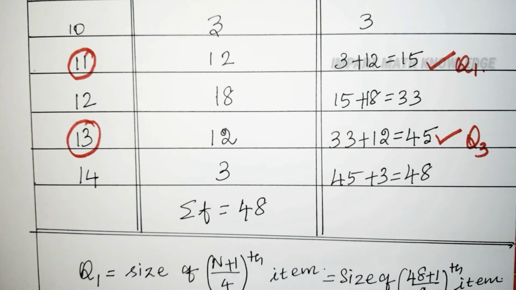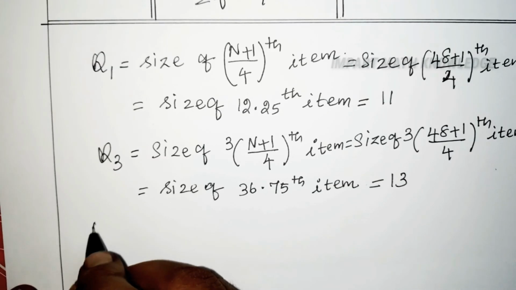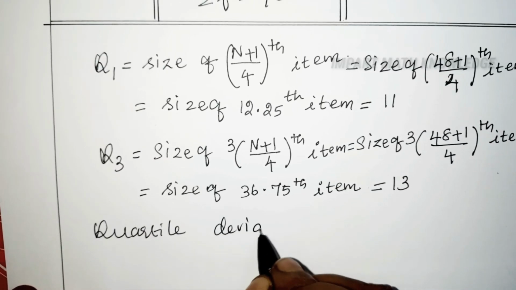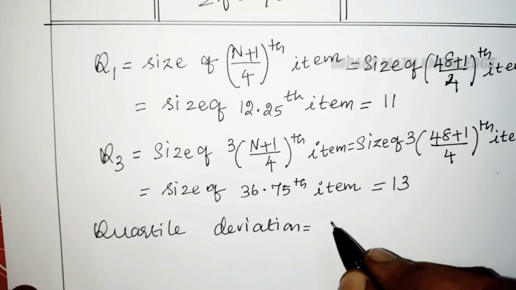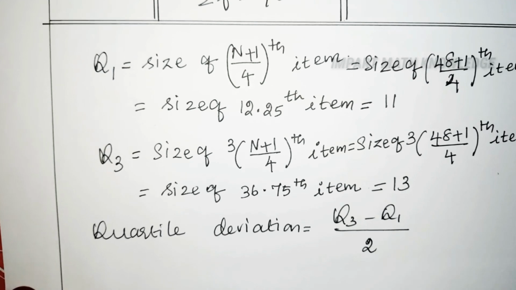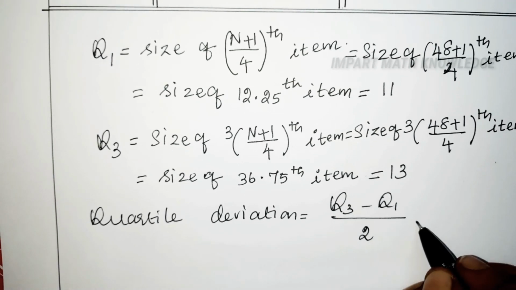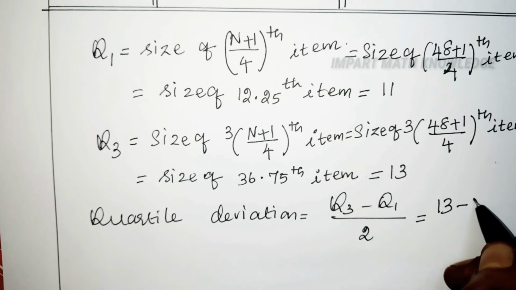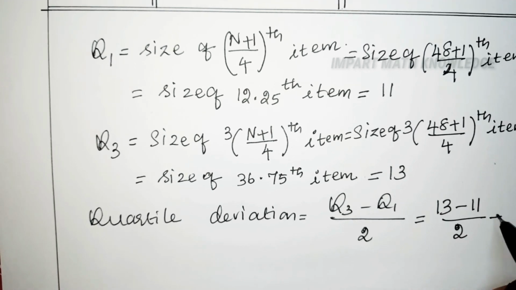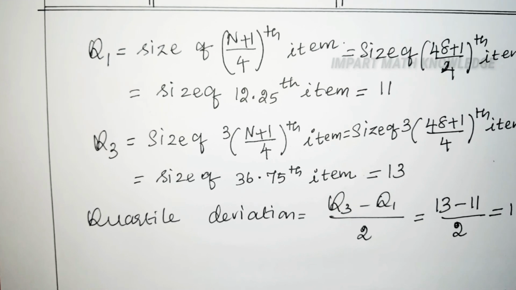Now we have to find the quartile deviation and its coefficient. Quartile deviation is Q3 minus Q1 divided by 2. Q3 is 13 and Q1 is 11, divided by 2. So quartile deviation is 1.